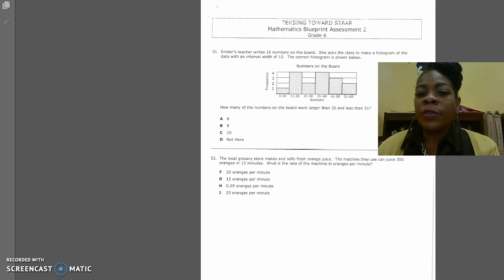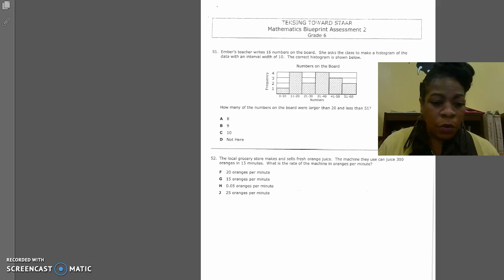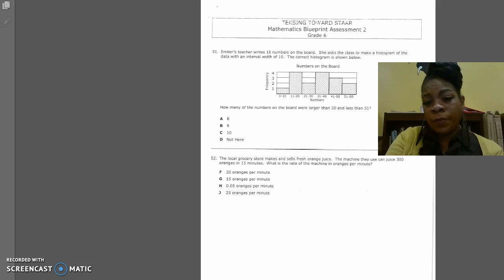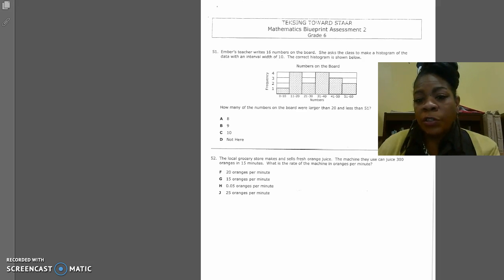How many of the numbers on the board were larger than 20, but less than 51? 52. The local grocery store makes and sells fresh orange juice. The machine they use can juice 300 oranges in 15 minutes. What is the rate of the machine in oranges per minute?